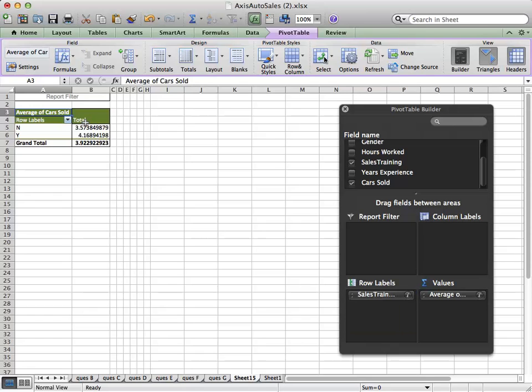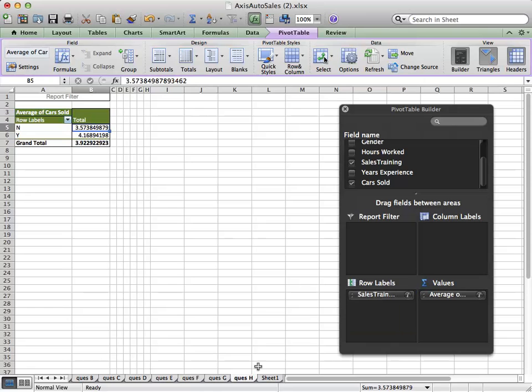So basically what we have is the overall average is 3.9. If you had sales training, your average is 4.1. If you had no sales training, then your average is 3.57. So clearly sales training increases the number of sales you had per month. So we'll make that question H.